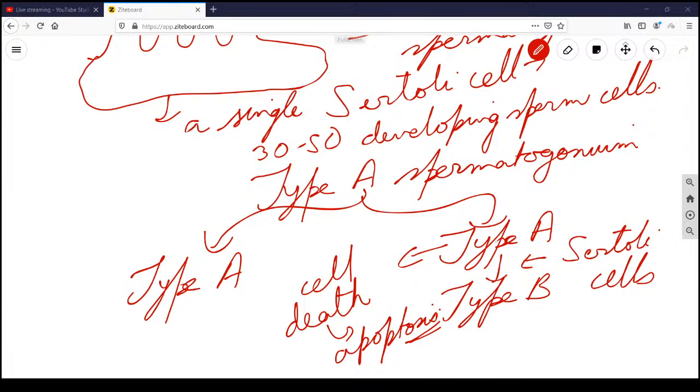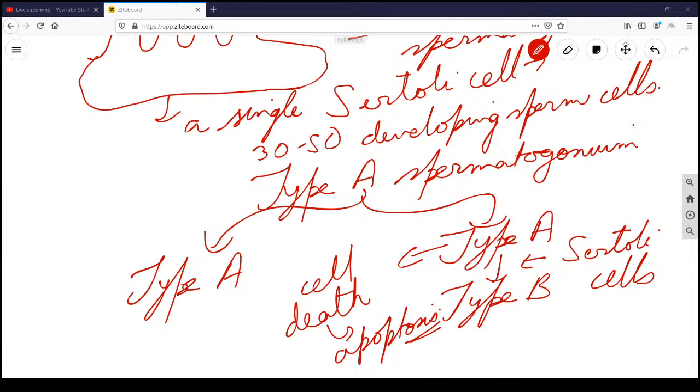Now, what happens is the progeny of type B spermatogonia can complete the meiosis, the leptotene stage, the zygotene stage. But these cells stay interconnected within the barrier of the Sertoli cell and the seminiferous tubules.